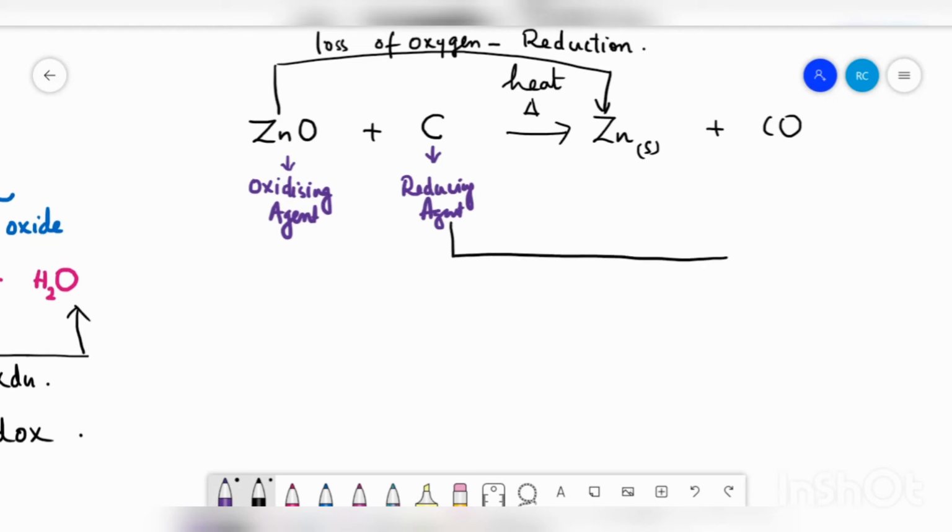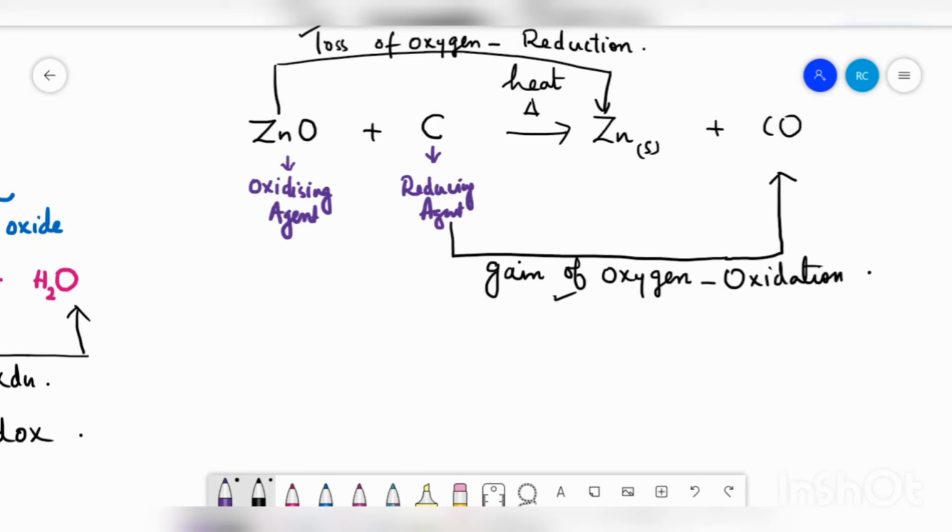Carbon gains oxygen and carbon becomes carbon monoxide. So this is addition or gain of oxygen. So this is called oxidation. So oxidation is the gain of oxygen and the reduction is the loss of oxygen.